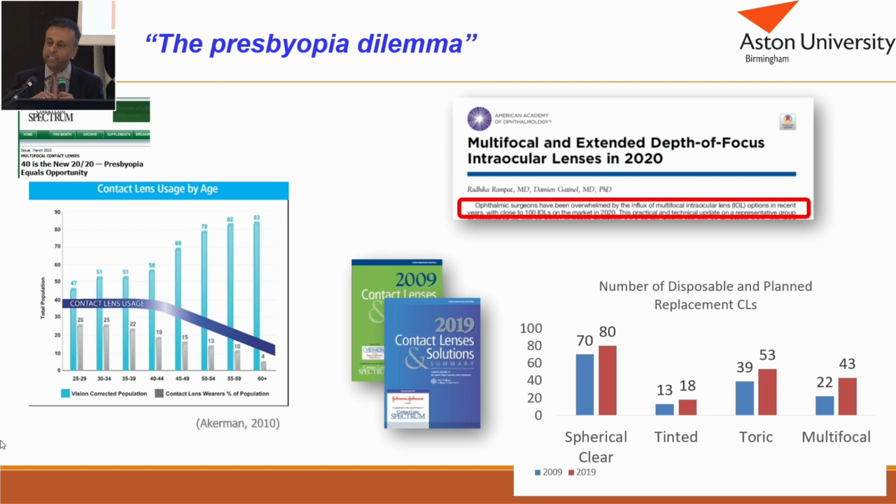For toric, 39, now there are 53 products. But for multifocals, there were 22 products in 2009, and now there are 43. So this represents, in the multifocal category, an increase of nearly 100%. There are double the number of designs that there were 10 years before. So this is a really big area of growth.